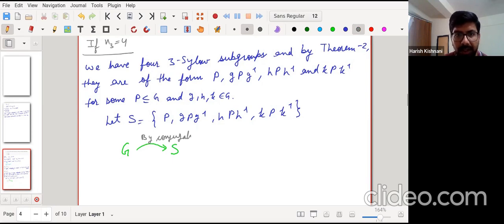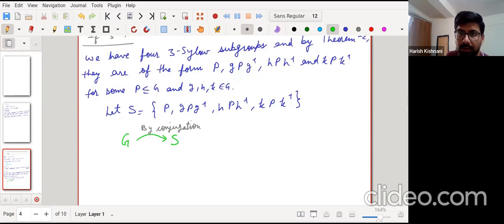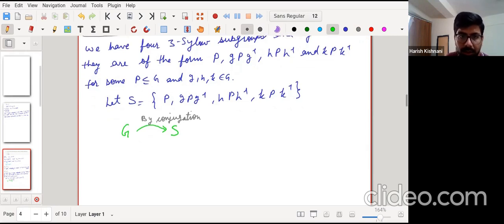For those who have not attended the previous lecture, action by conjugation is simply this. An element of G, I should write a different element, because G I am already using. Let's say small l, a subgroup, an element of S, let's say small s.